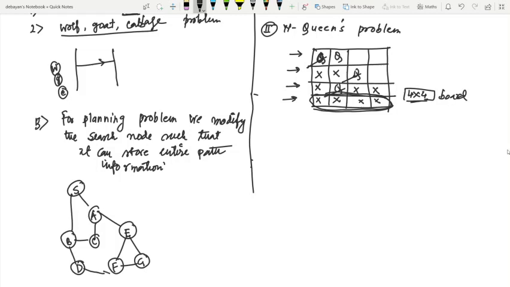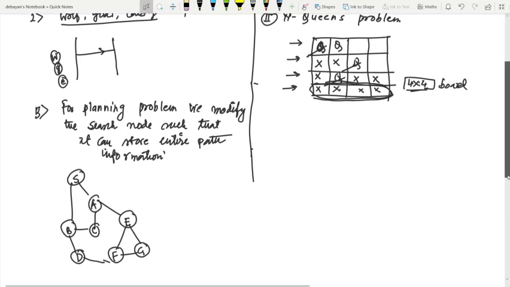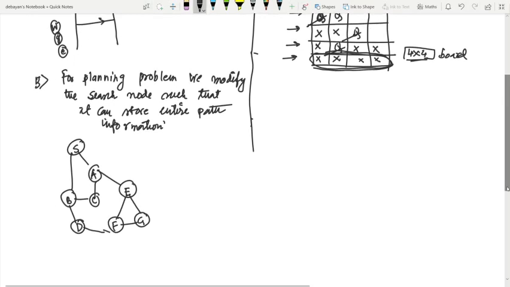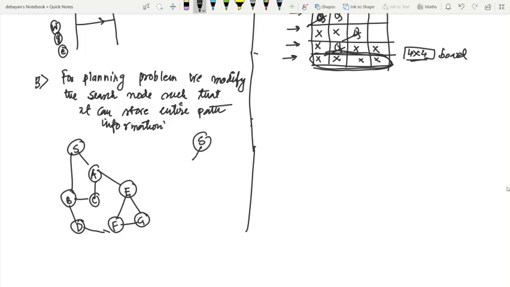Now in the case of the planning problem, how can we store the entire path? In that particular case, you will go to B through S, so you can write BS. You can come to A through S, so you can write AS.